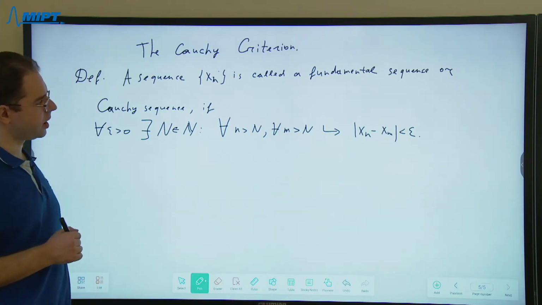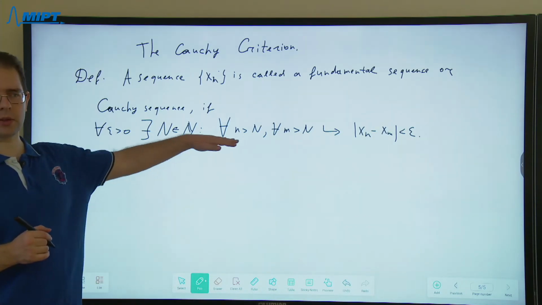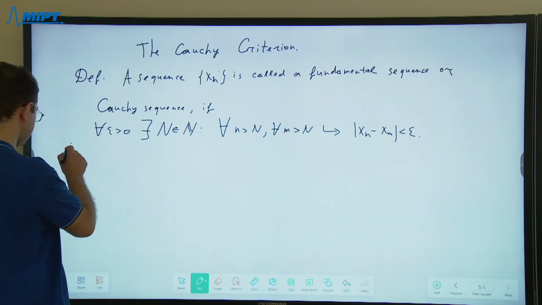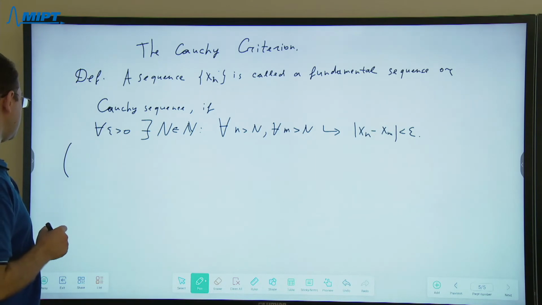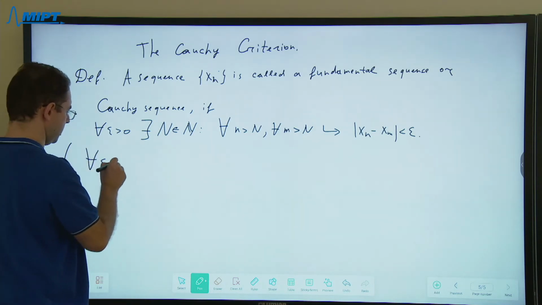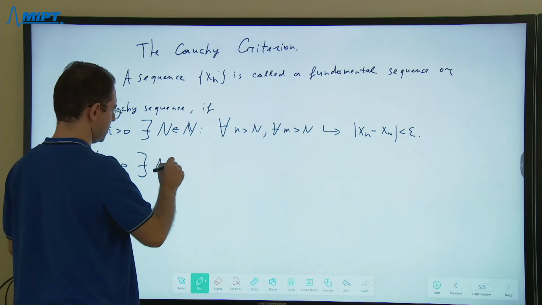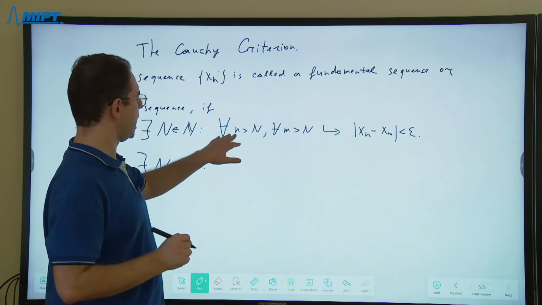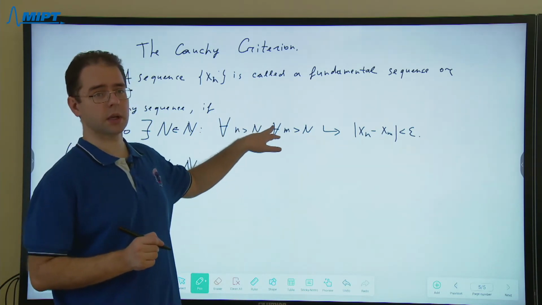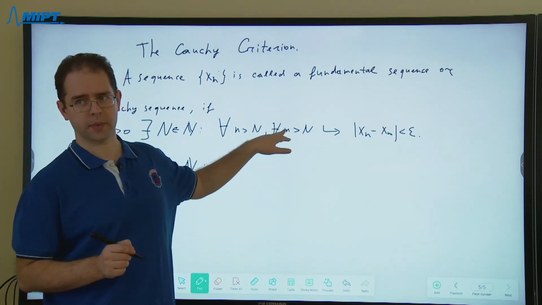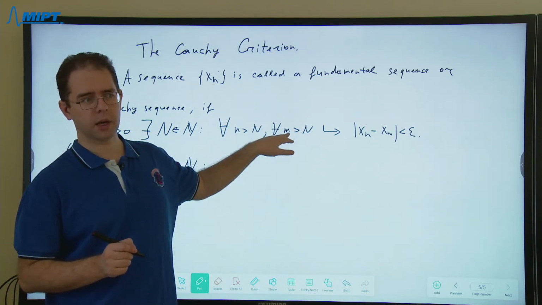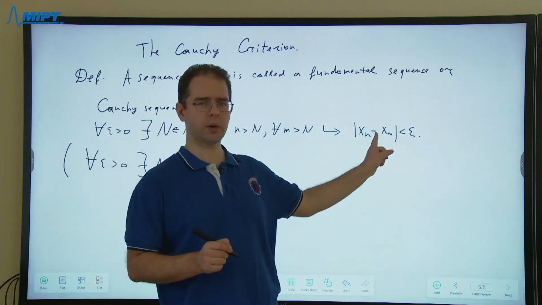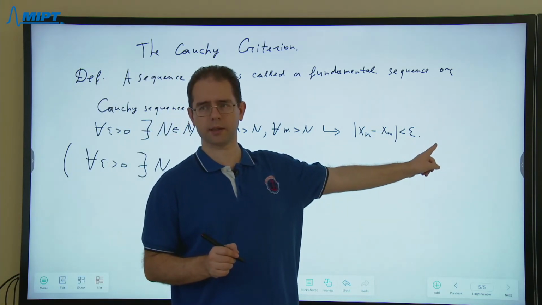There is also an alternative way to write this down. Let me write in brackets. An alternative way. For any epsilon, there exists capital N such that, look, here I have two numbers greater than capital N. If small n equals small m, then this expression is just 0 and is automatically less than epsilon.